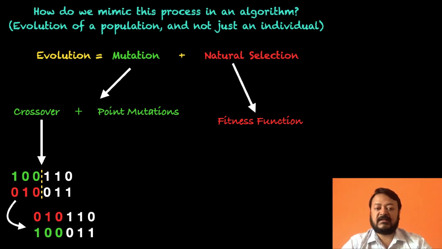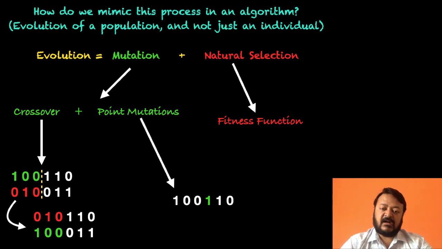So as you can see on the screen, the blue subsequence, which was a part of the first sequence, has now gone to the second sequence, and this red subsequence from the second sequence has now come to the first sequence. So this is called the process of crossover, and is actually also common in biological organisms, and it is also used in genetic algorithms to create variation in our population.